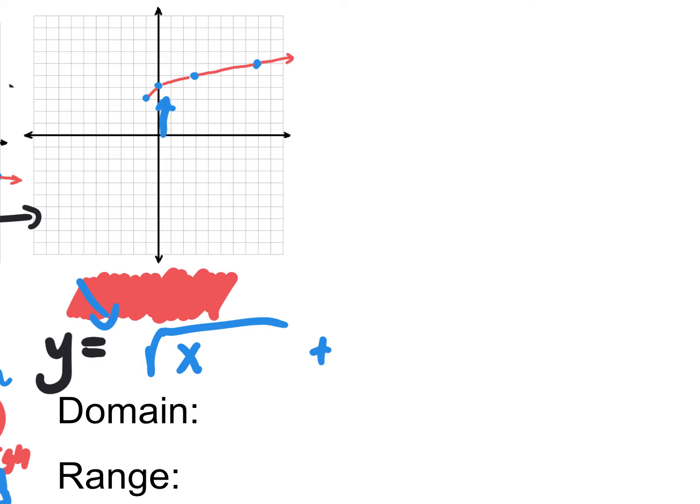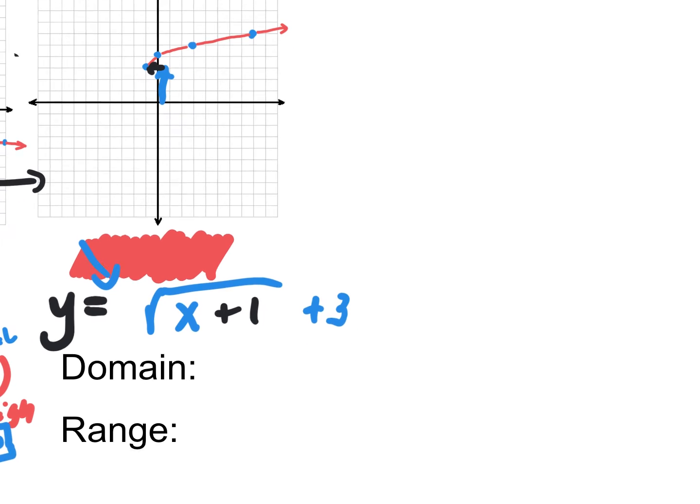So I'm going to do that first. That's a +3 on the outside. And it's been shifted 1 to the left. So that's +1 on the inside. And it didn't get reflected either left or right, so I don't need any negatives in there.